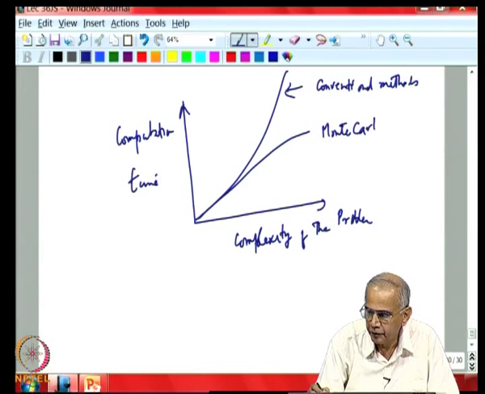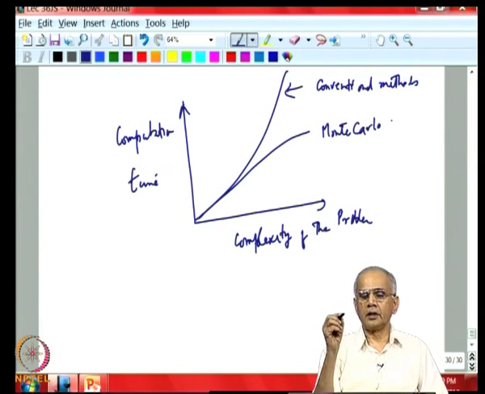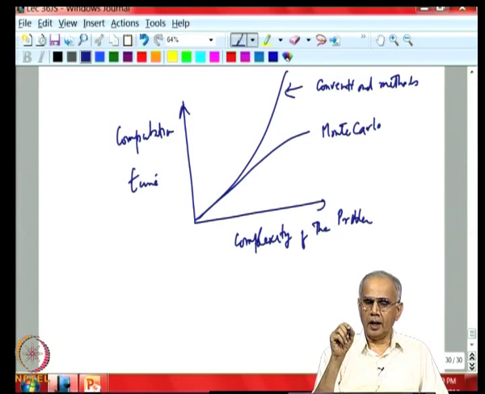As the problem difficulty and complexity increases, the computational time does not increase as rapidly as it is the case with conventional methods of solving differential and integral equations. So, in Monte Carlo we do not solve any differential equation, we simply follow millions of photons from birth to death and its various changes in direction and reflection and so on, all that is followed.